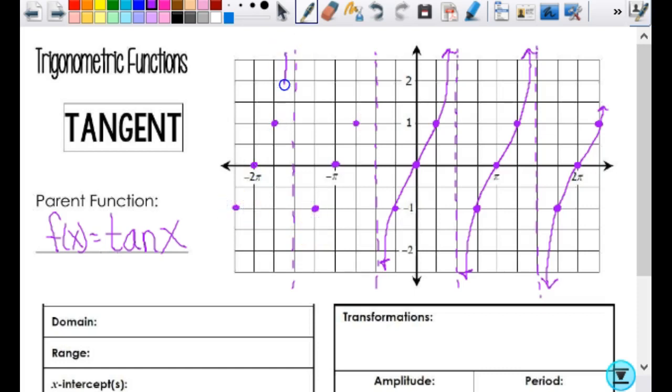And we can get all this graphed in. We could have plotted some other points, but then we'd have to estimate on the y-axis, and it's not worth it. That's enough to get us what we need. Okay. Everybody good so far?